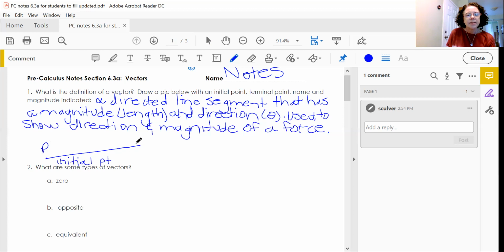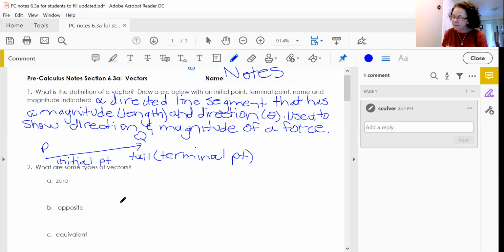And the tail, which is the terminal point, we will call Q. The order of those points does matter because it changes the direction.